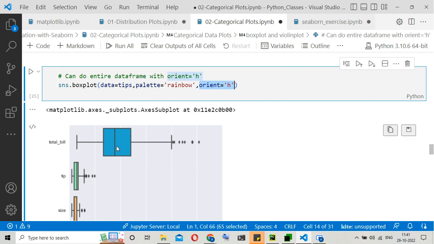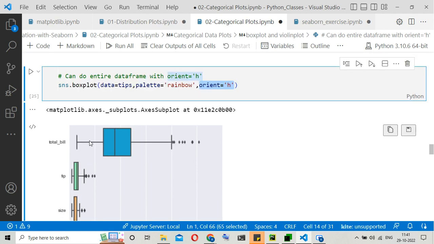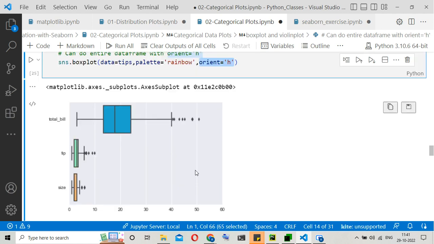So you can say, compared to total bill, tips are very little, where bills are around $20, tips are around $1 to $2, and your sizes are very small also. It checks all the numerical values in the data set and tries to plot them.